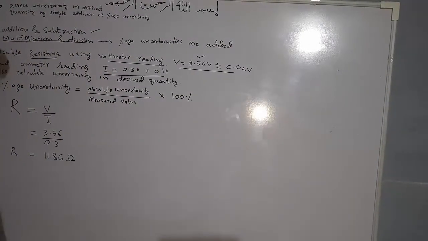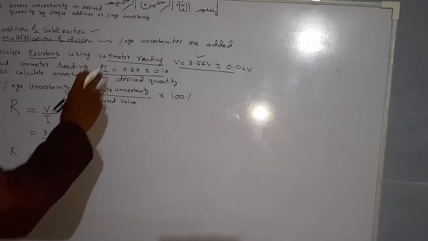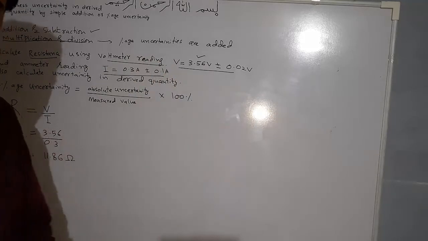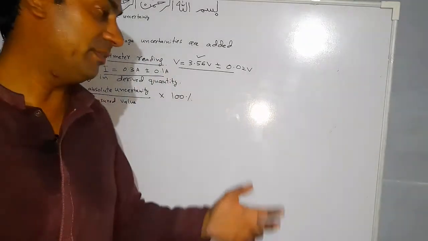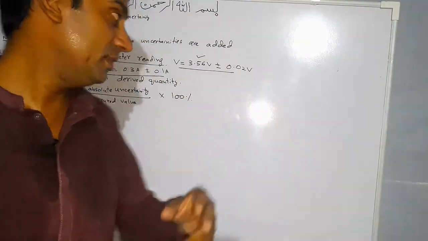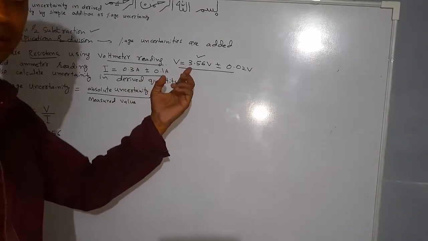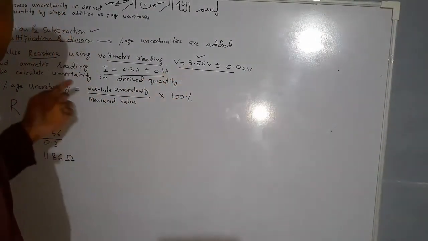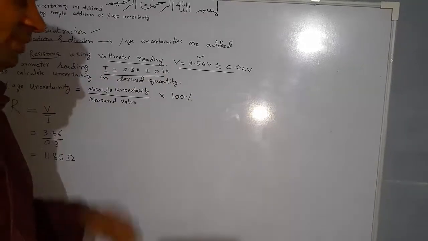So in the first step we calculate the percentage uncertainty. We have measured from two sources: the voltage from the voltmeter, and the current from the ammeter.